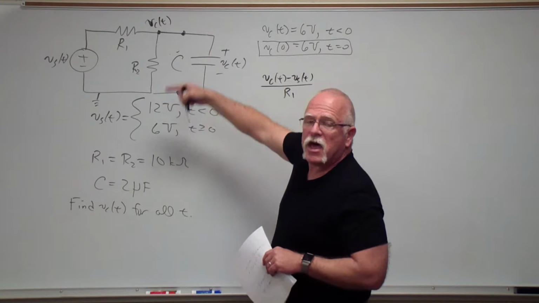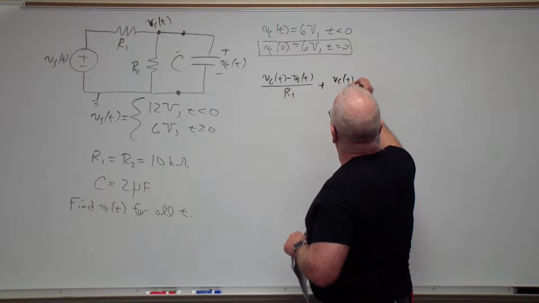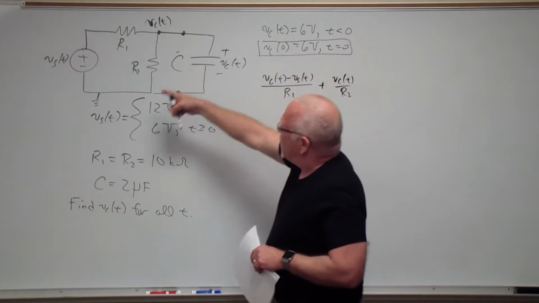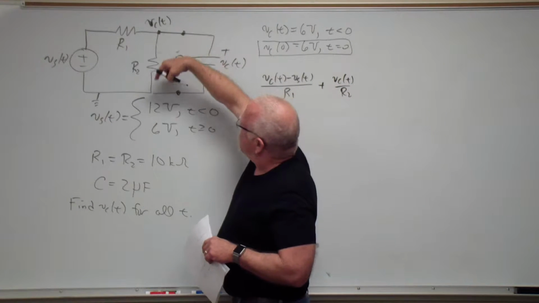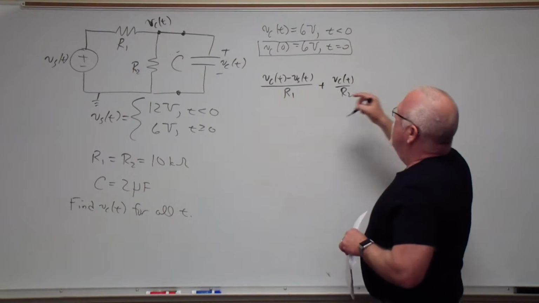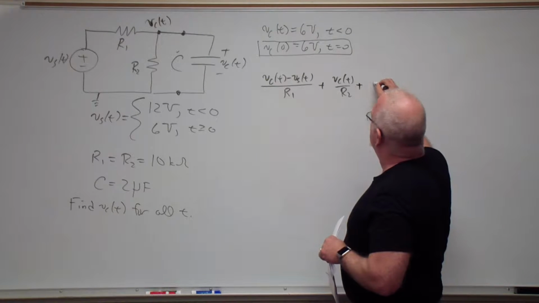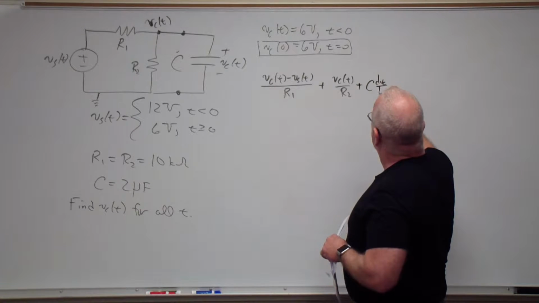The current leaving down is Vc divided by R2, Vc minus 0, and that's why we do the currents leaving, so we don't get a minus sign there. And the current leaving to the right is the capacitor current, which is just C times dVc dt.